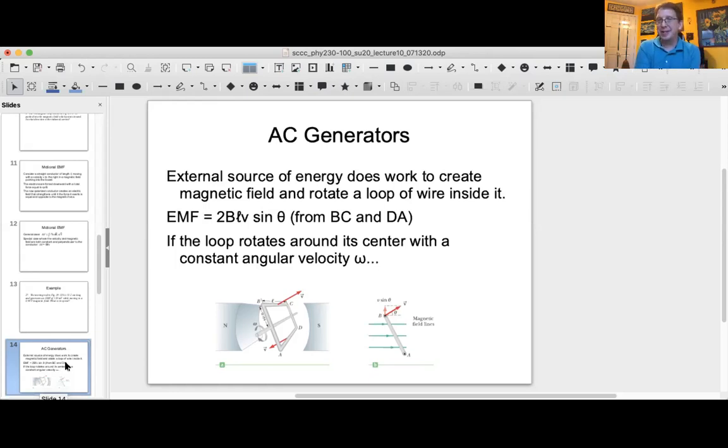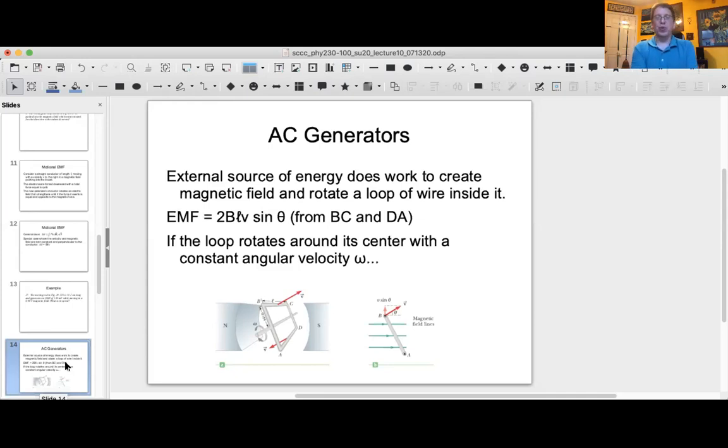It doesn't matter which side you define as positive and which as negative, but as you flip it around, the sign changes, and as the sign changes, the direction of the current through the wire changes. So it shifts back and forth sinusoidally. The voltage across the coil of wire is a sinusoidally varying function of time.